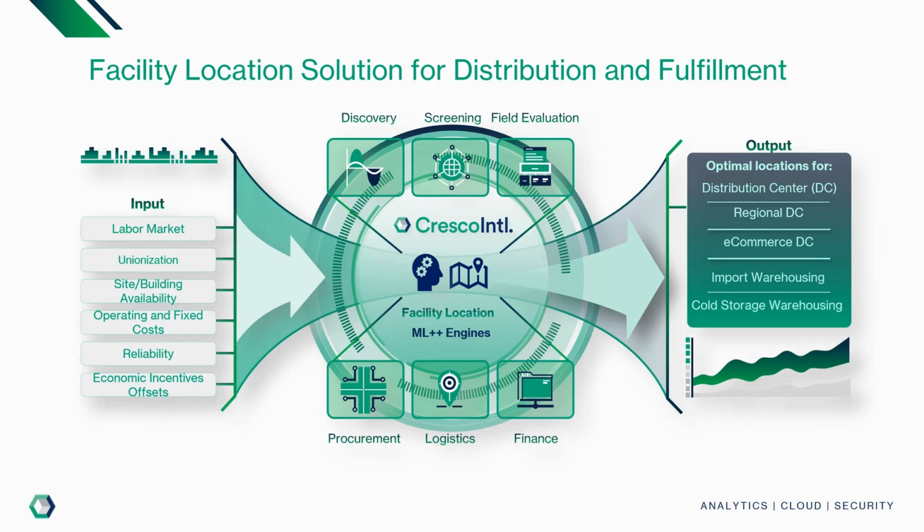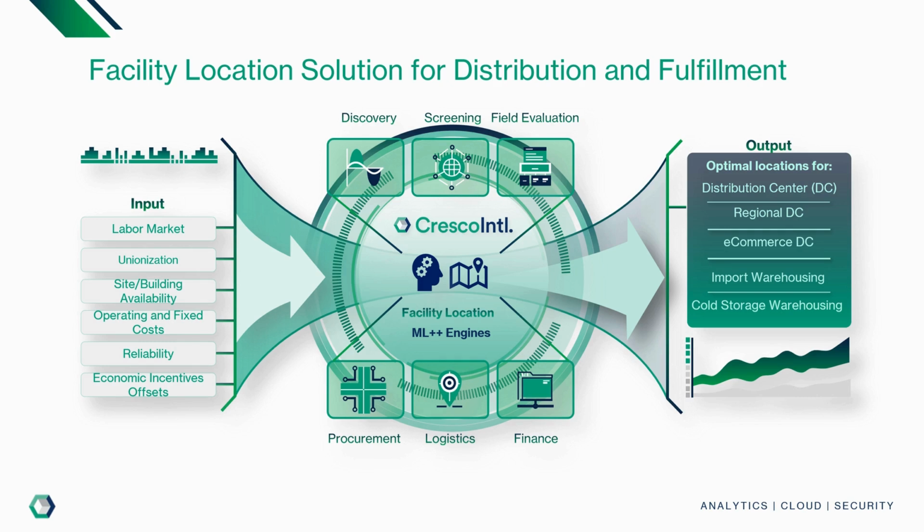The inputs into our facility location optimization application include a wide range of data sources. First, details on available labor pools, market demographics, real estate market conditions, utility and telecom infrastructure, economic incentives, and any factors specific to the facility type like import or export logistics or distribution centers. We factor in all the projected operating costs, capital expenditures, and other fixed costs associated with each location scenario being evaluated.